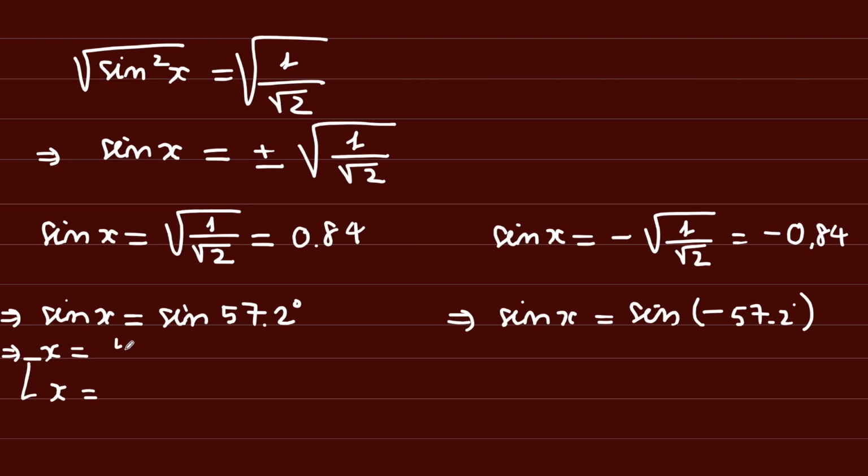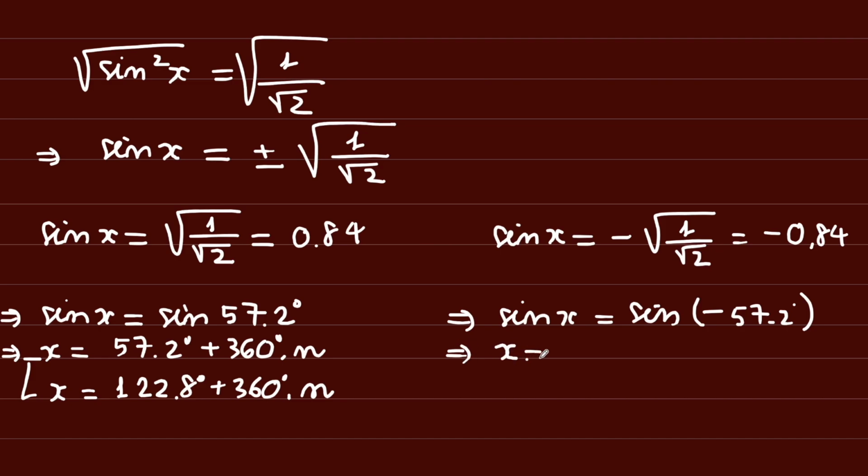And this one will correspond to two general solutions. The first one keeps the original angle unchanged, plus 360 degrees multiplied by n. And the second one is the supplementary angle relationship, 180 degrees, plus 360 degrees multiplied by n now.